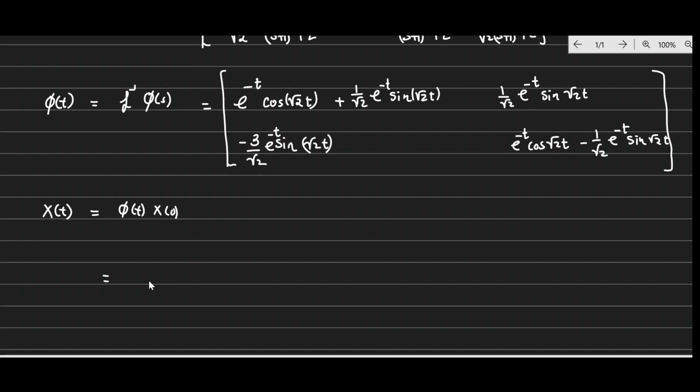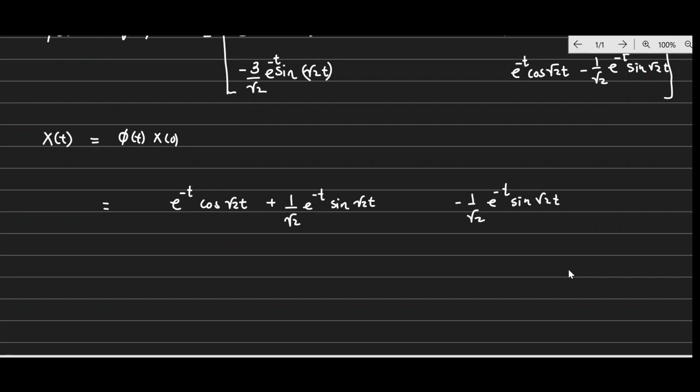Phi of t is that matrix there: e to the power negative t cosine root 2t, plus 1 over root 2 e to the power negative t sine root 2t, and this side, minus 1 over root 2 e to the power negative t sine root 2t, and then down here we have negative 3 over root 2 e to the power negative t sine root 2t, and then e to the power negative t cosine root 2t minus 1 over root 2 e to the power negative t sine root 2t, and then multiply this by x of 0, right?